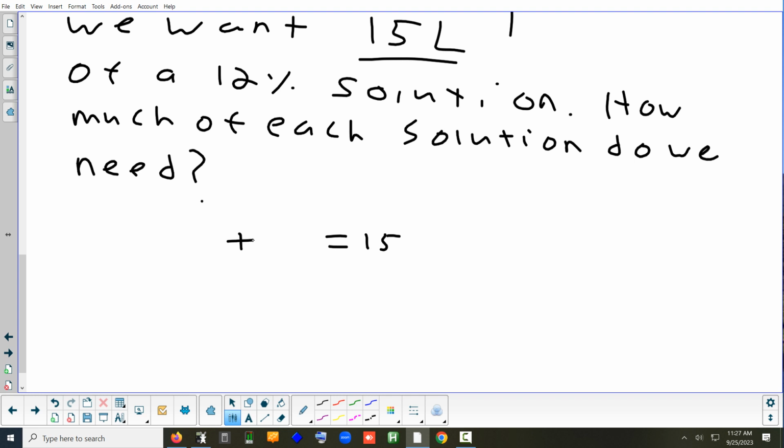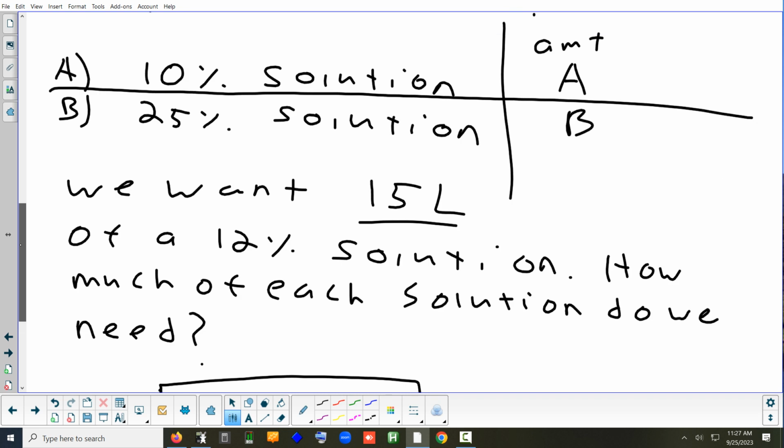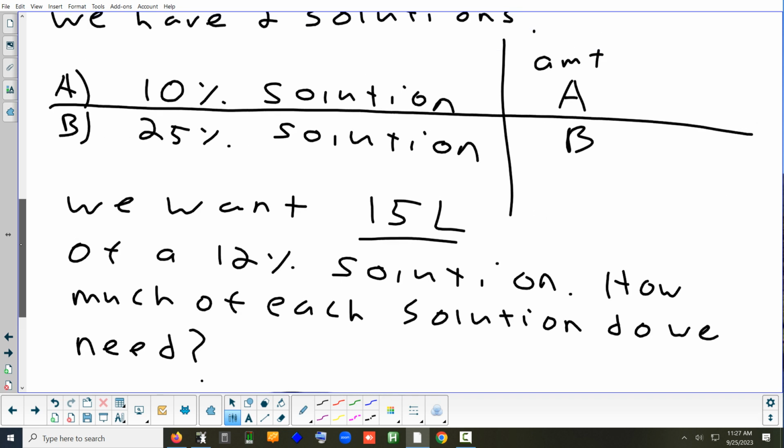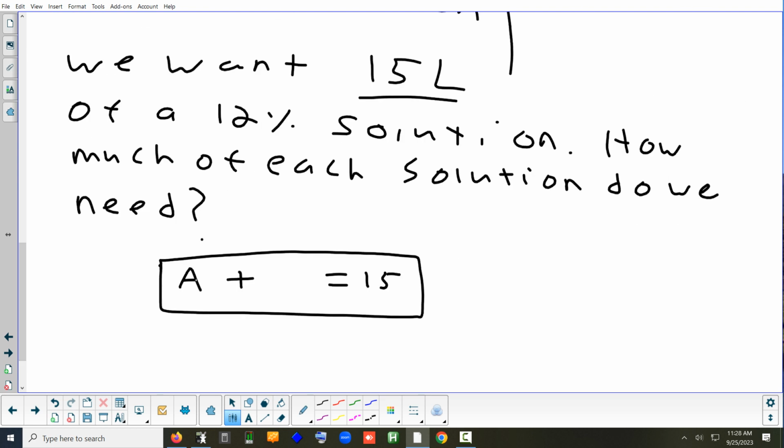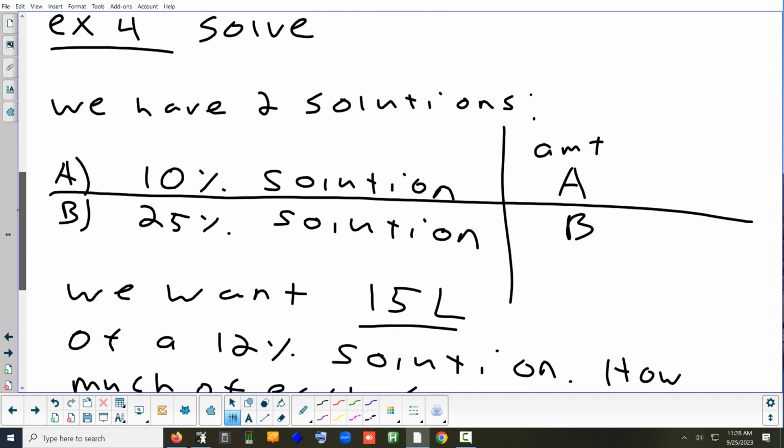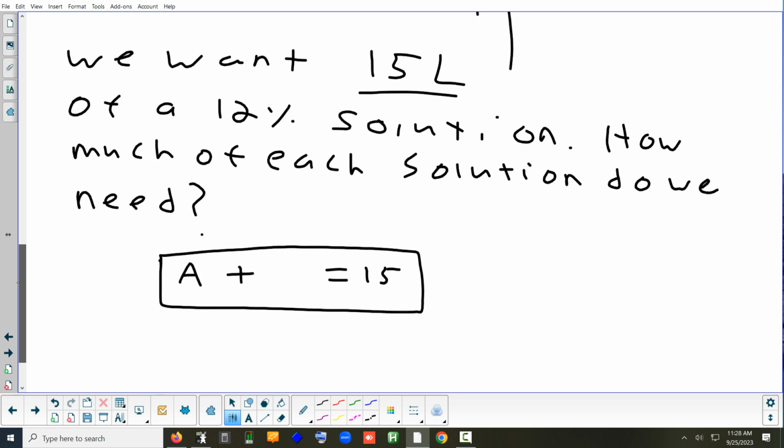How much of the first solution am I going to use? A. What's the amount of the second solution? B.